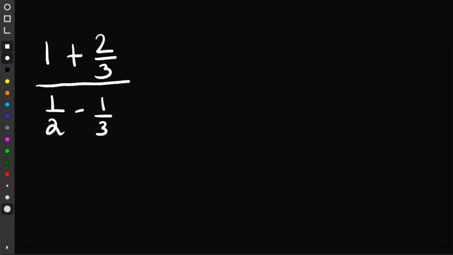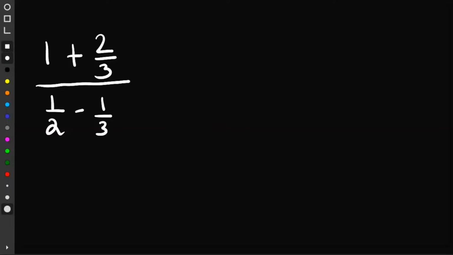So let's start with our first example. If we have 1 plus 2 over 3 all over 1/2 minus 1/3. For this example, like I said a while ago, the key thing that we would use here is to get the LCMs of the denominator.